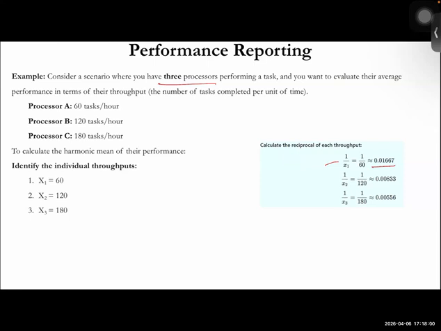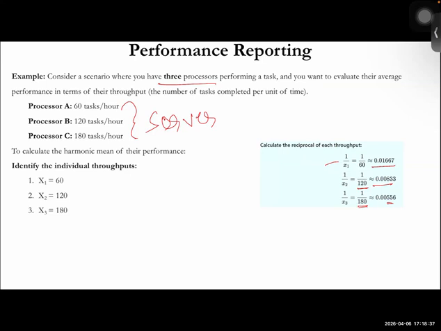The second processor's throughput is 1 over 120, that is approximately 0.00833. And for x3 the rate is 1 over 180, that is 0.00556.